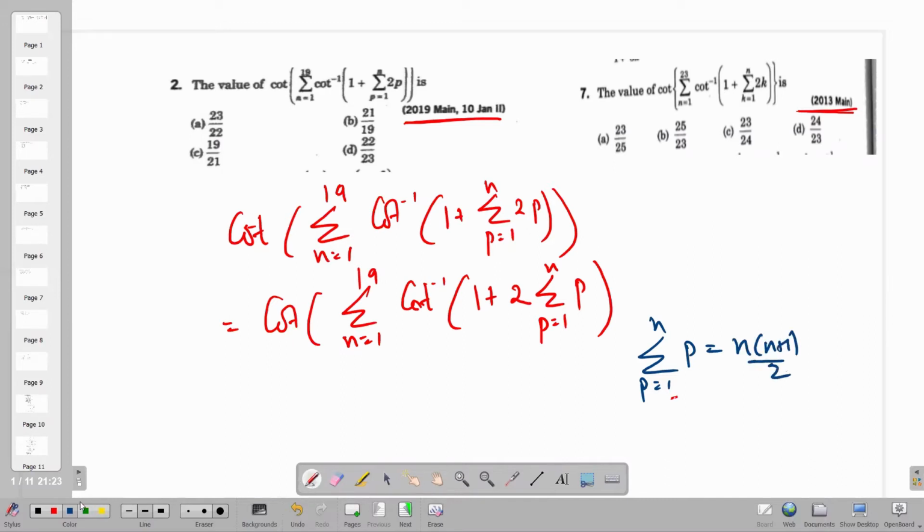So if I use this formula here, I get cot of sigma n from 1 to 19, cot inverse of 1 plus 2 into n into n plus 1 upon 2.